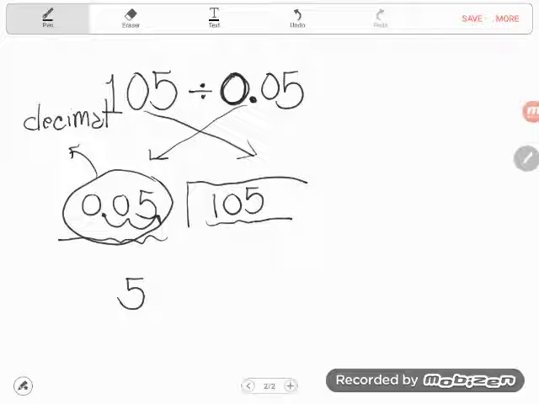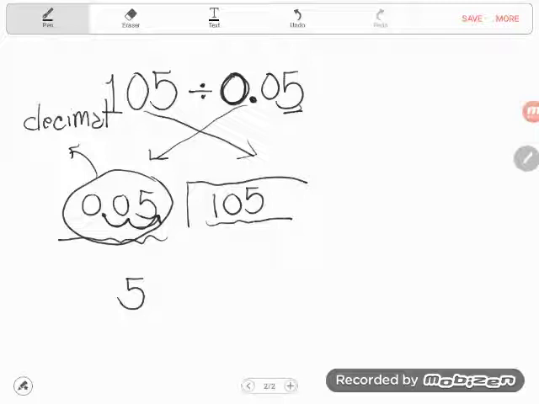So we were dividing 105 by 5 hundredths. That's how you say this number, by the way. Most students will say 0.05, but I actually read this as 5 hundredths. Okay, and so since I moved that decimal 2 times to the right here, I'm going to also need to move the decimal 2 times to the right here.